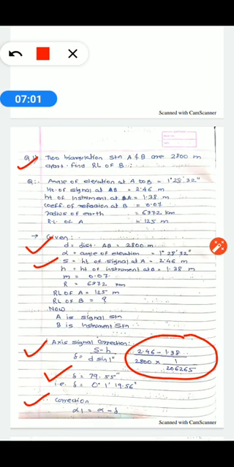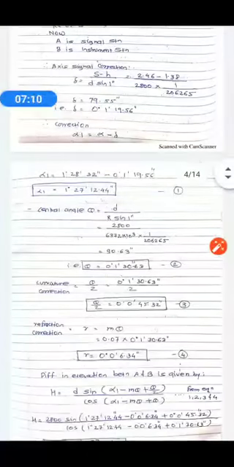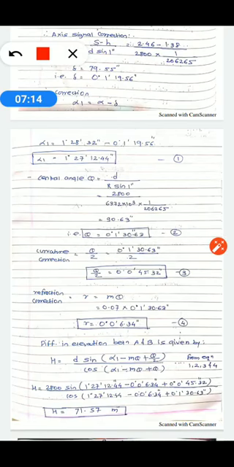To determine the value of alpha 1, we have the formula alpha 1 is equal to alpha minus delta. After putting the values, we get alpha 1 as 1 degree 27 minutes 12.44 second. Now what is the next step? The next step is to determine the central angle theta.